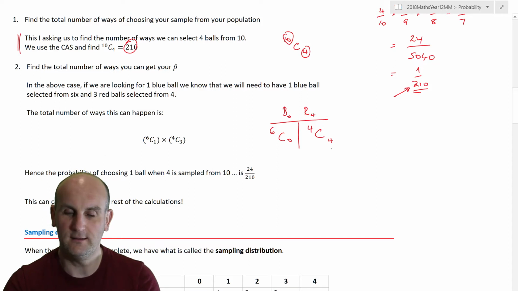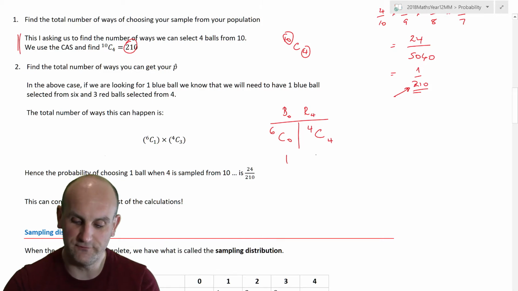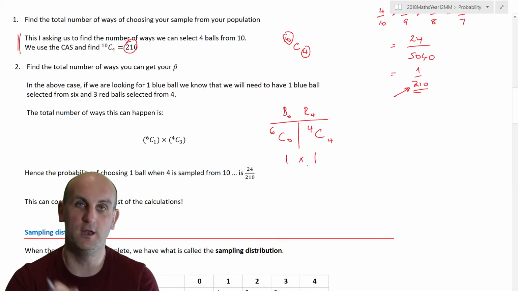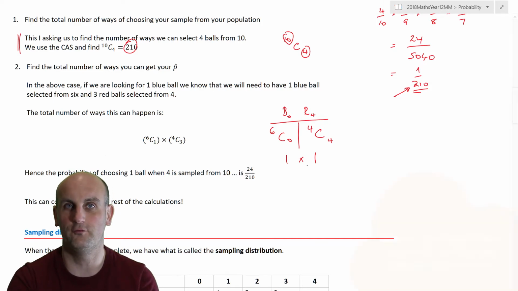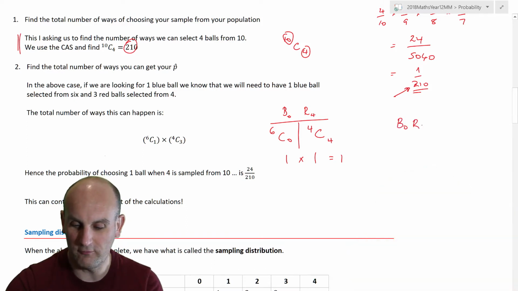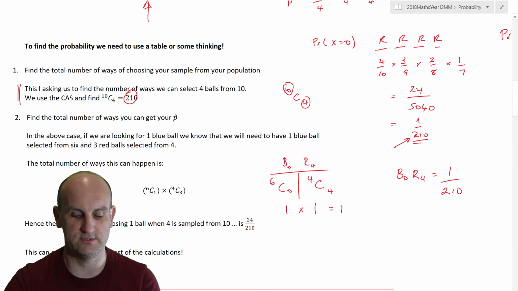It's combinations. Now 6C0 I know from my calculator is 1, and 4C4 is 1. When I multiply those two together, because I'm looking for no blue and 4 red, it gives me a grand total of 1. So to have blue 0 and red 4 is one way out of 210.